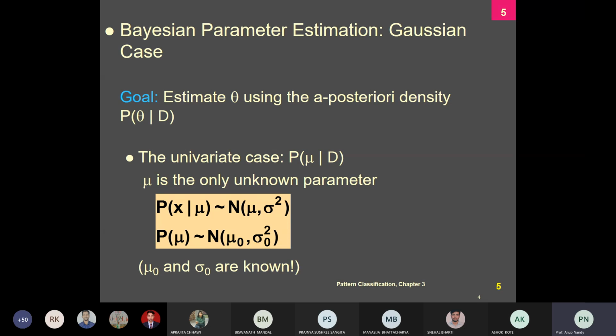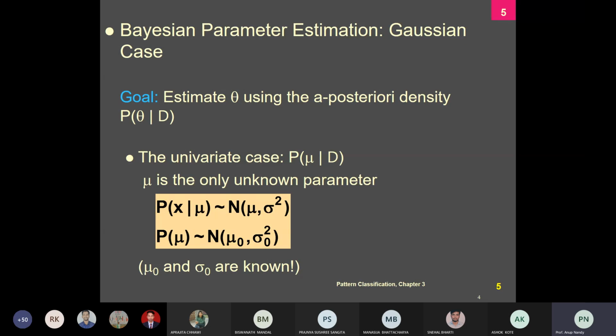Now here we are going to have the univariate case, where you replace theta with mu. So you have to compute P(mu|D), where mu is the only unknown parameter. For simplicity we treat the univariate case first, P(x|mu) is nearly equal to N(mu, sigma squared), and the only unknown quantity is mu.